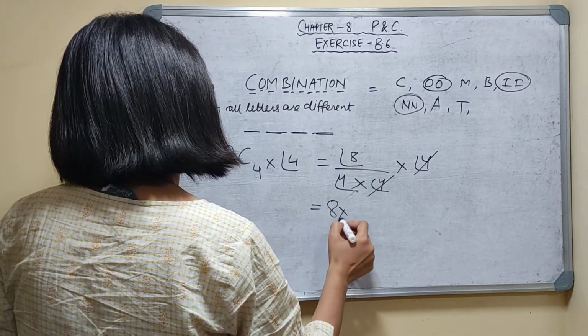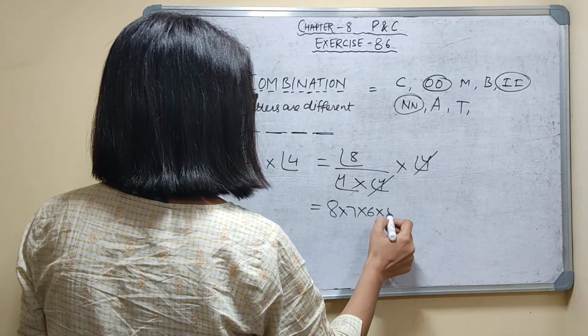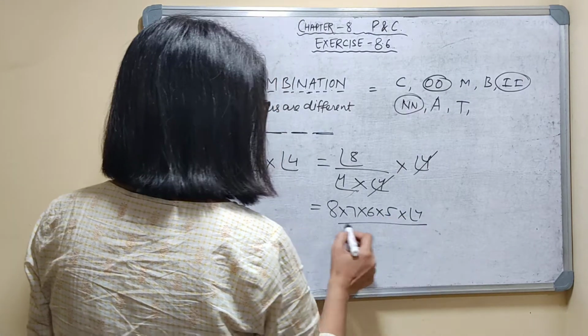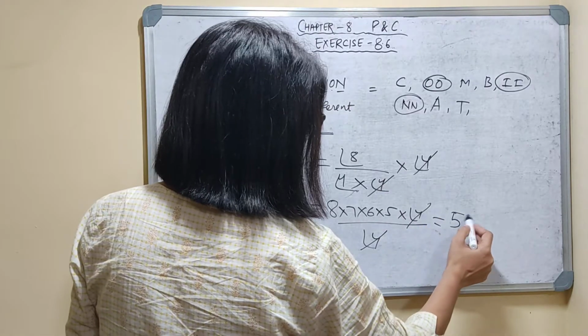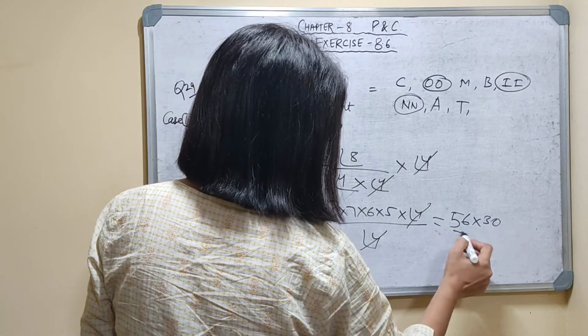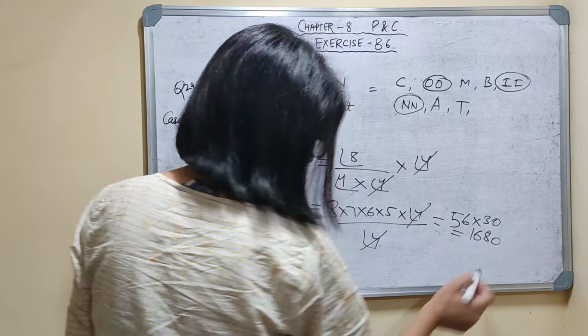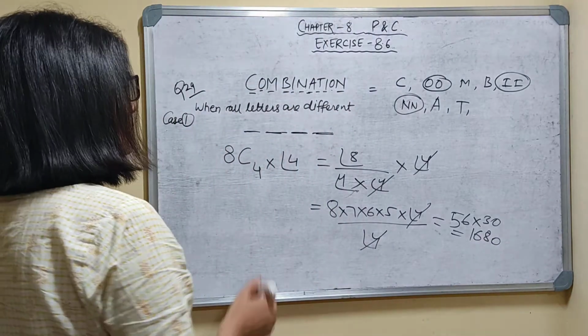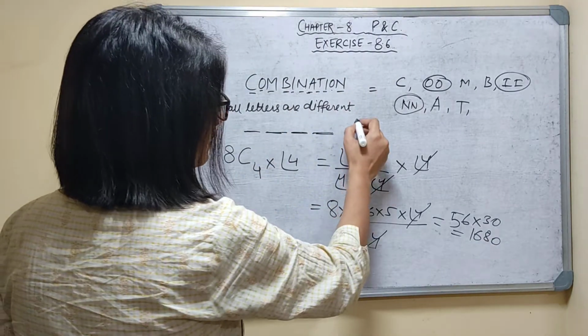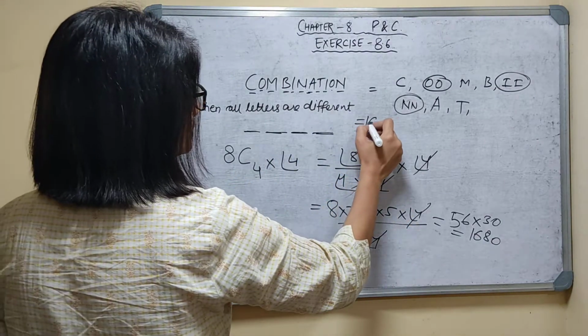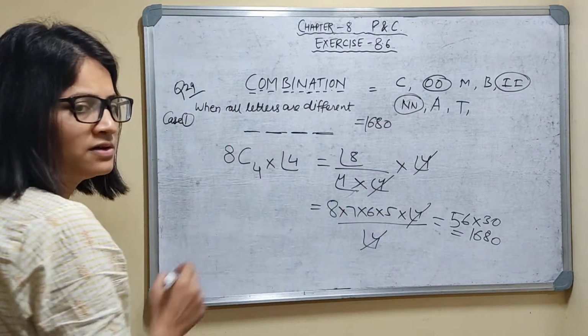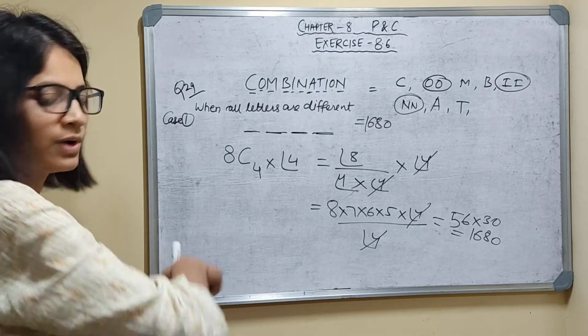Factorial 8 I write as 8 into 7 into 6 into 5 into factorial 4, upon factorial 4. 8 sevens are 56 into 30, that is 1680. So when all letters are different, you can form 1680 four-letter words. So case 1 is over.